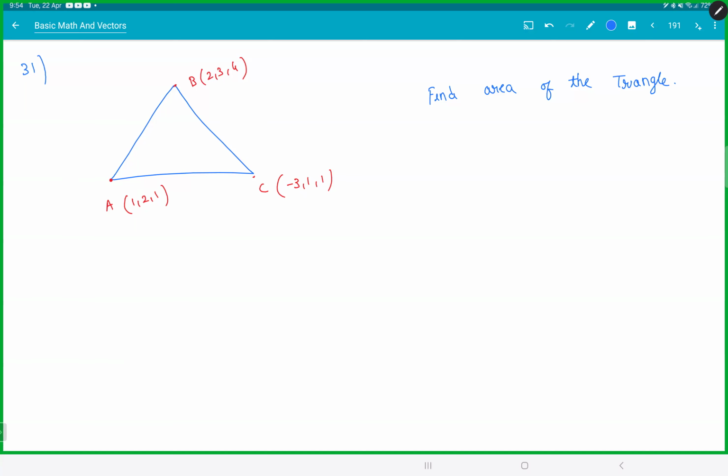So how do we do this? Remember the idea? The area of a triangle, the formula is still valid, is half the cross product of the sides.